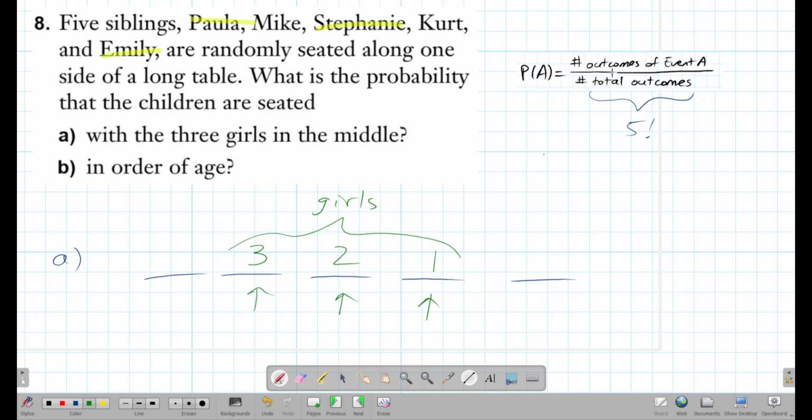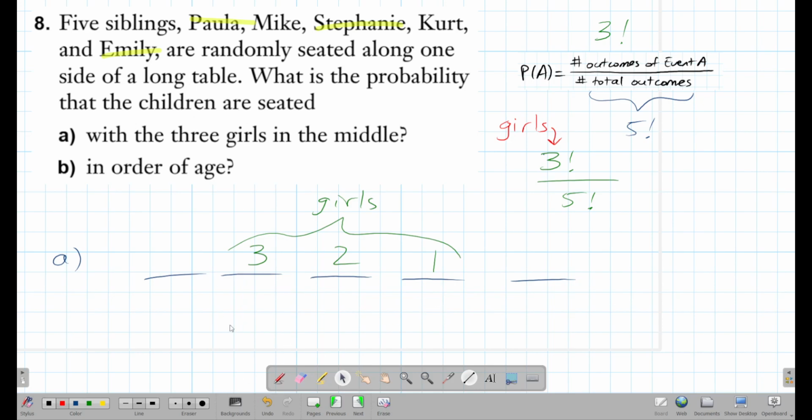For the girls, we're going to have 3 factorial. Let me write the probability over here. 5 factorial is the total number of outcomes, and then we have 3 factorial. Keep in mind, this is just the number of ways of arranging the girls. Okay, so we took care of the girls.